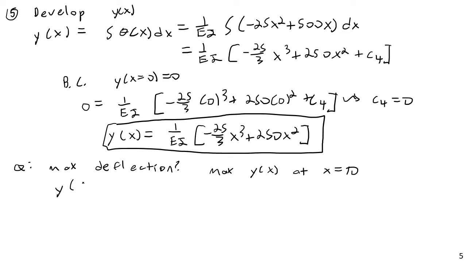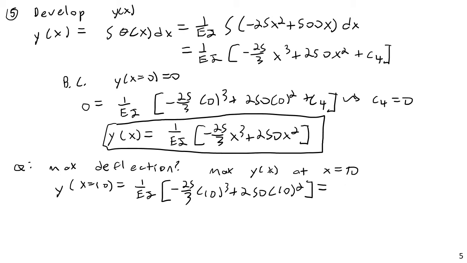Y at x equals 10 is going to equal 1 over EI times negative 25 over 3 times 10 to the third power plus 250 times 10 squared.